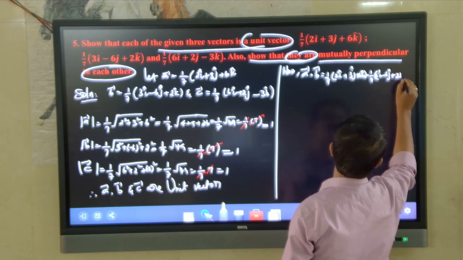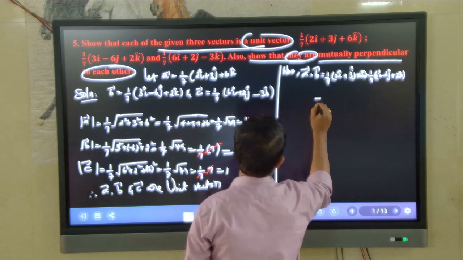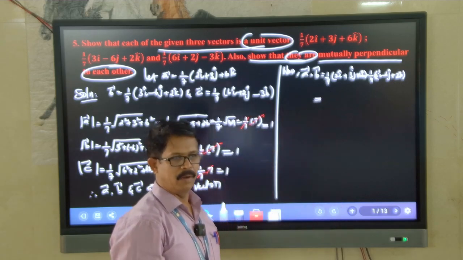That is equal to 1 by 7 into 1 by 7, 49, correct?